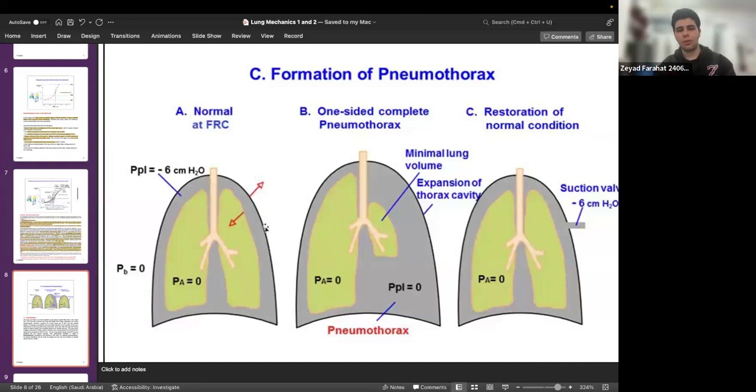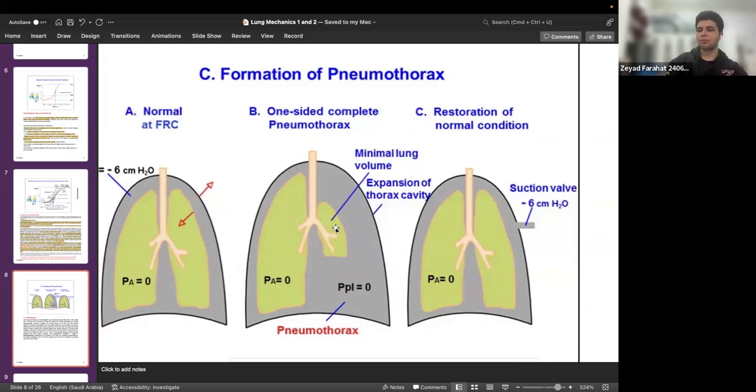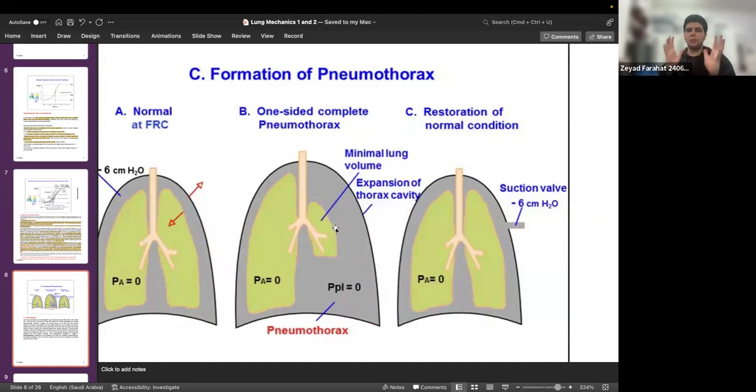Once it's open, all of the air from outside will flush inside, and now you have equal pressure between the two. The air from around you pushes into the pleura and increases the pressure there, so the lungs collapse.